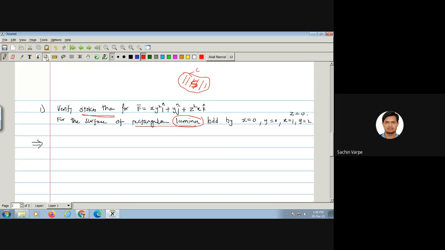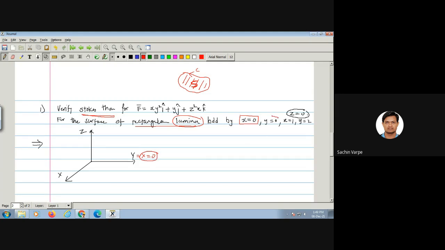So let us draw this rectangular lamina. First of all, z equal to 0 means we are in which plane? XY plane, right? Z equal to 0 means we are in the XY plane, where x equal to 0 is now a line, not a plane. x equal to 0 means we will be along the y-axis.